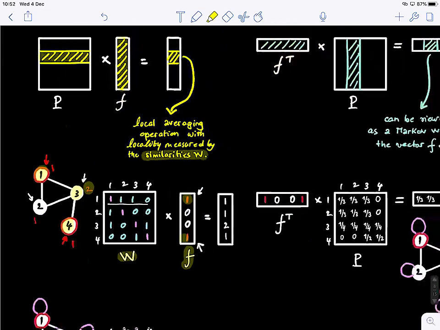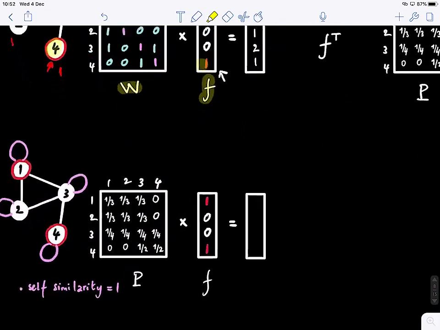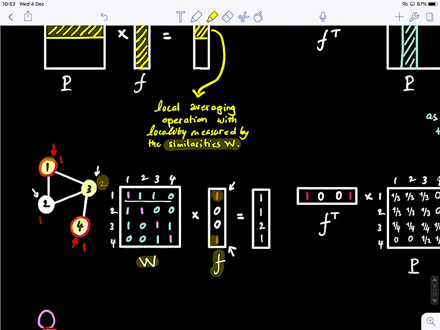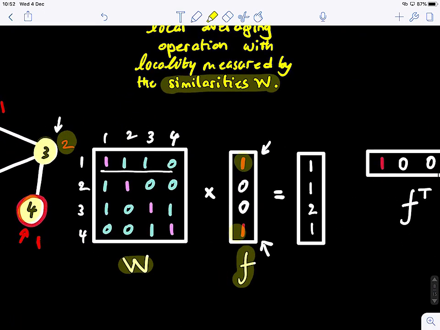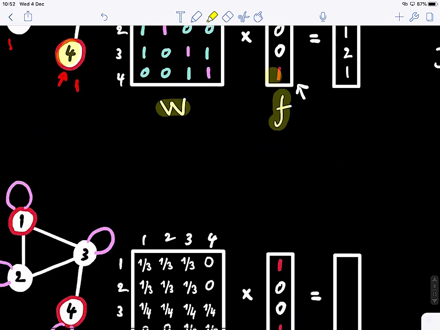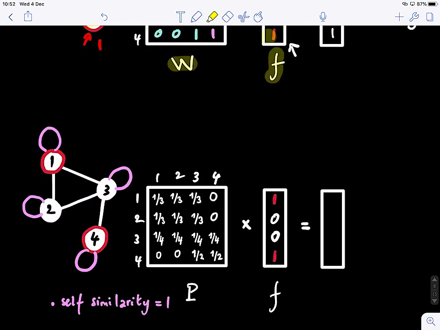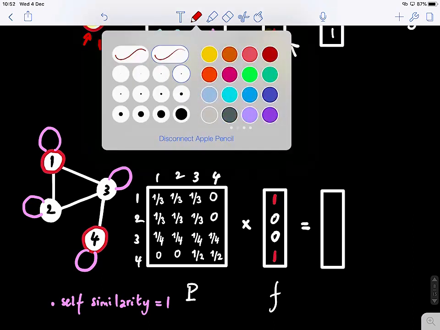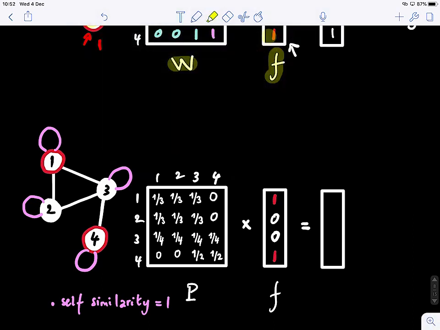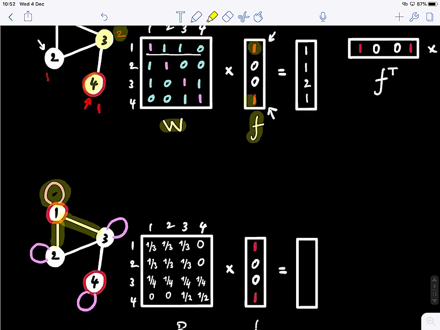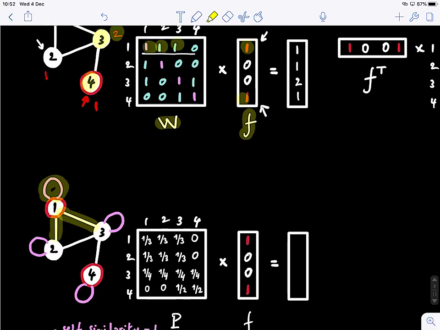Now, on the other hand, if we look at the P matrix, you guys should be able to derive the P matrix from the W, so we will do the normalization. For the same graph, we have self-similarity, and we do the row-wise normalization. So here for node 1, it has 3 connections, so we divide the original matrix values by 3, okay?